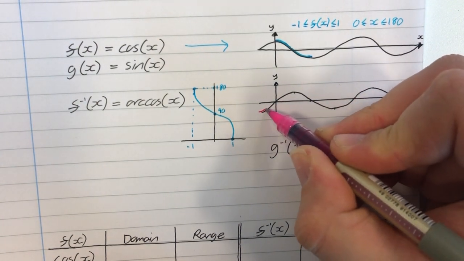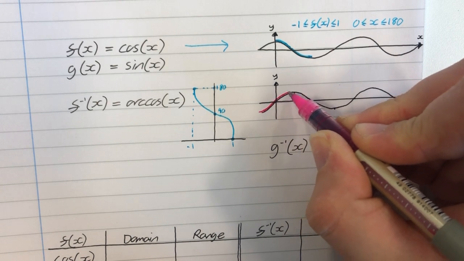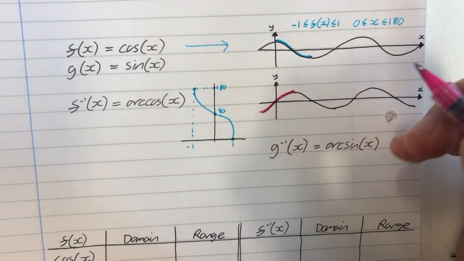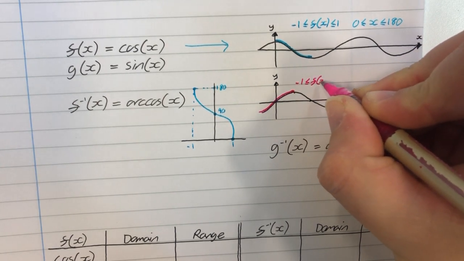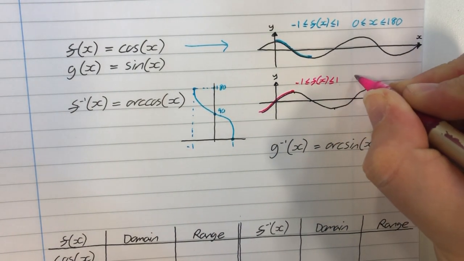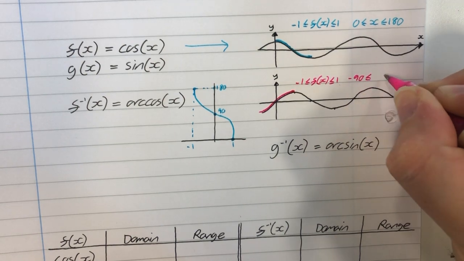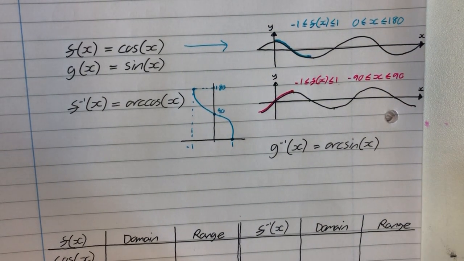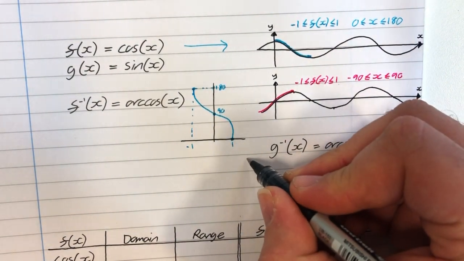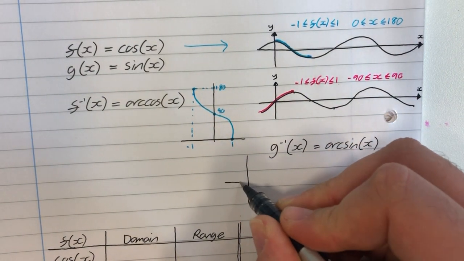So we actually take this little bit instead. So it goes between -90 and 90. The range is still maximized, so it's still between -1 and 1, but this time the domain is between -90 and 90.